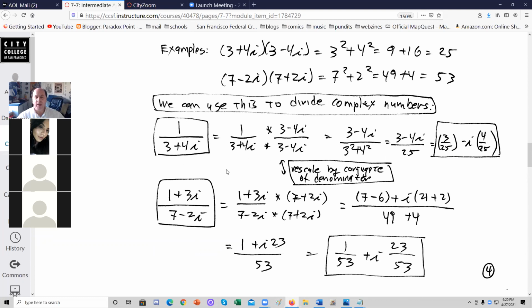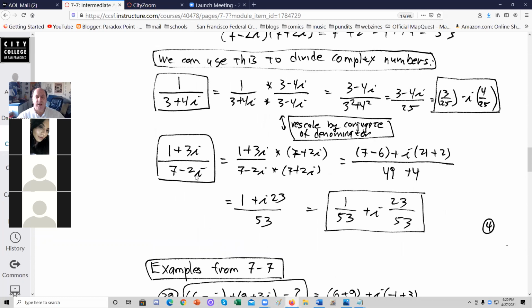And here we have complex divided by complex. 1 plus 3i over 7 minus 2i. We'll rescale, that is, multiply numerator and denominator by the conjugate of the denominator. 7 minus 2i, its conjugate is 7 plus 2i.